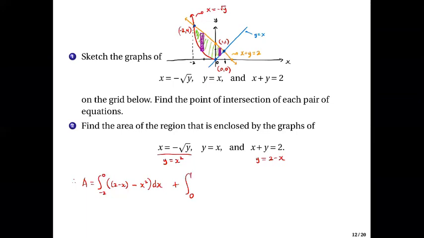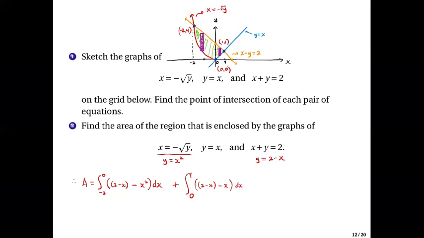The above function is still the yellow line, so we have 2 minus x. The below function is the blue line, y equals x, so we have here minus x. So above function minus below function. Then we have the dx here.